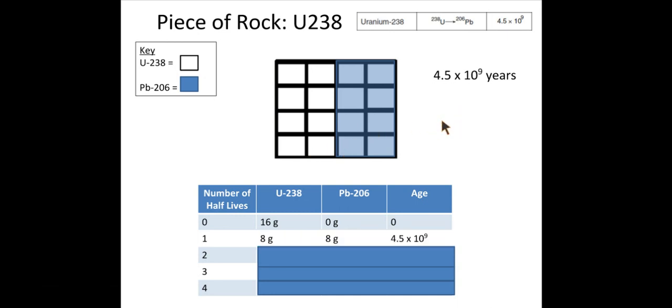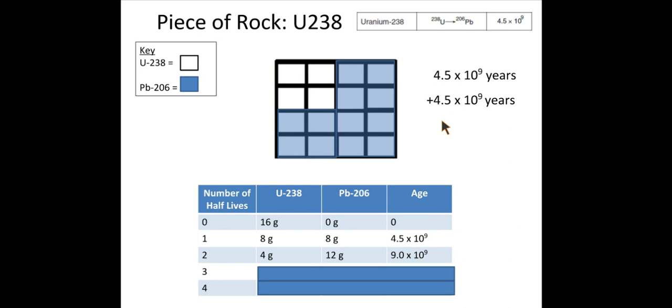And the age of the sample is 4.5 times 10 to the 9th years. Another half-life goes by. I now have 4 grams of uranium and 12 grams of lead. So you see I cut this 8 in half to 4. So I took 4 and it changed, so I have to add the 4 over to the lead. And now the age of the sample is 9.0 times 10 to the 9th years because 2 half-lives have gone by.